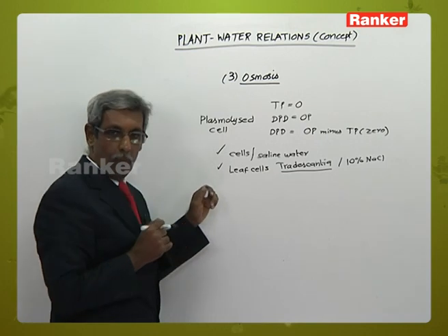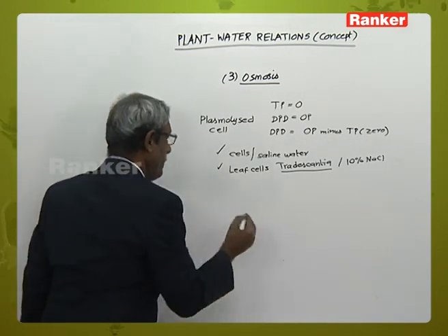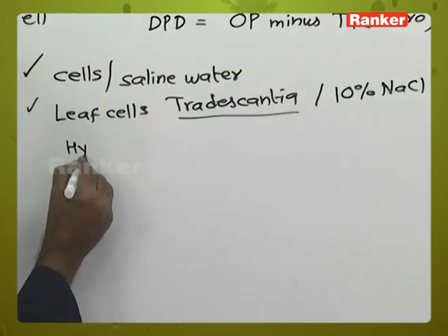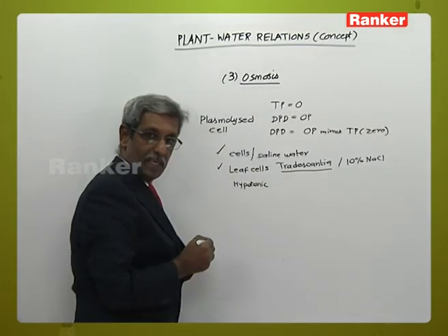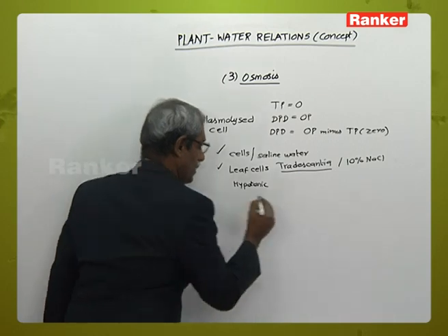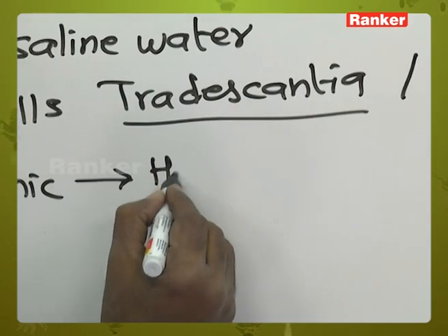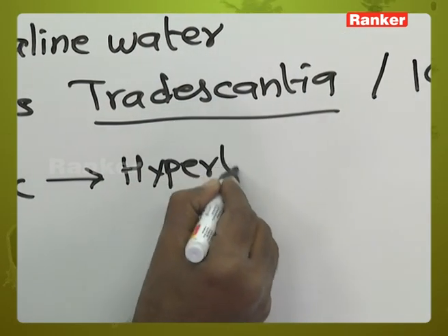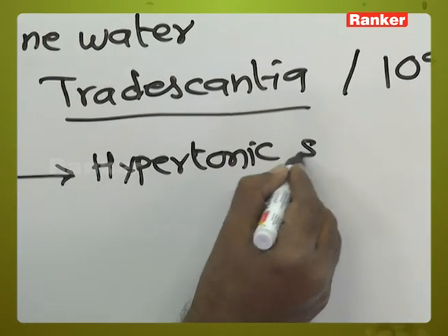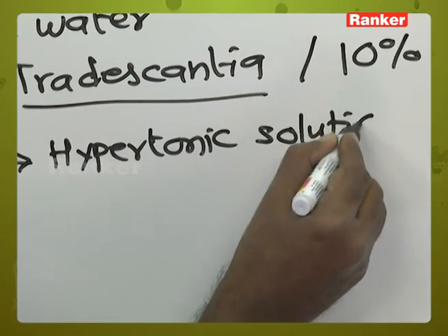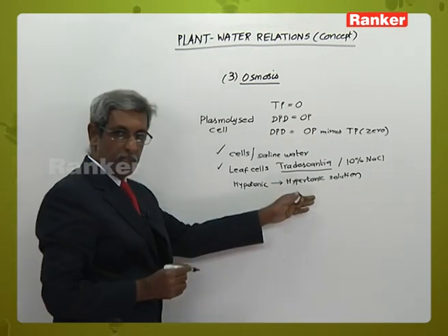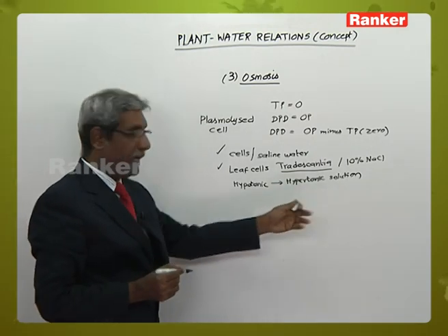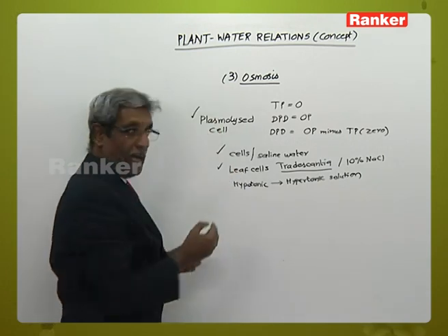So here what normally happens is, from a hypotonic solution, there is movement to a hypertonic solution. From within the cell, water goes to a stronger solution present on the outside, thereby it gets plasmolysed.